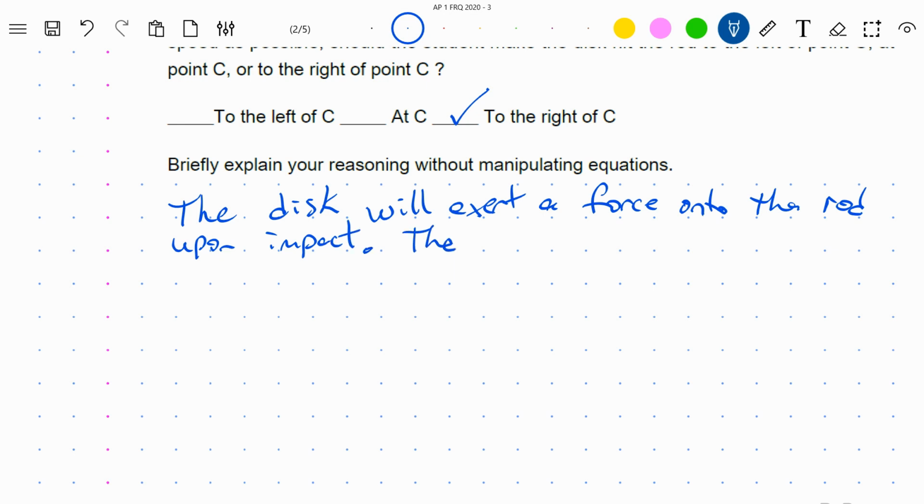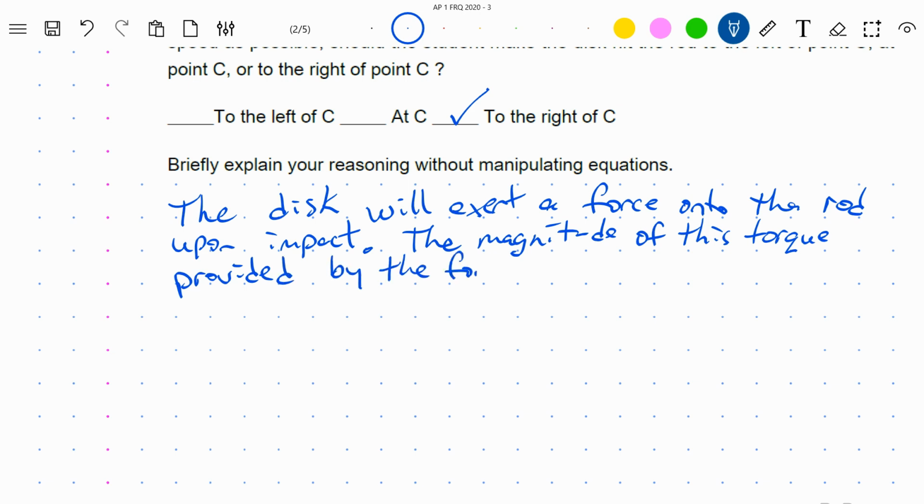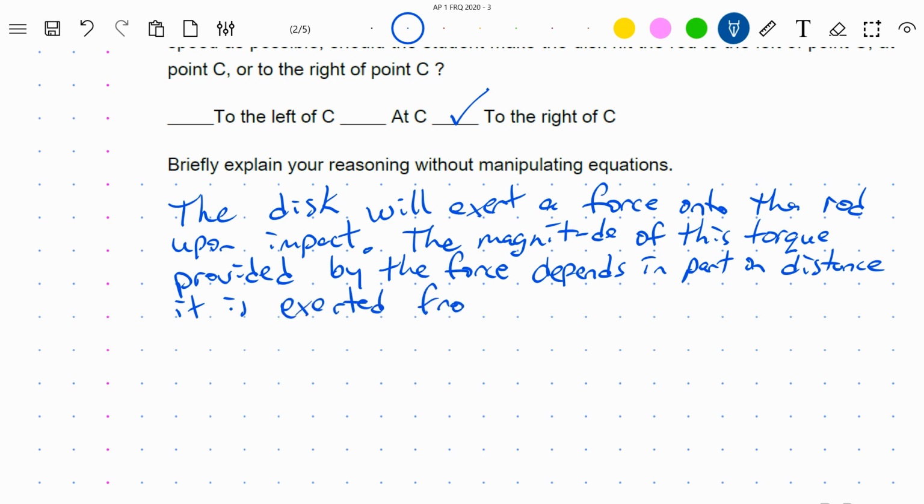The magnitude of the torque, let's say, of this torque provided by the force depends in part on the distance it is exerted from the pivot.